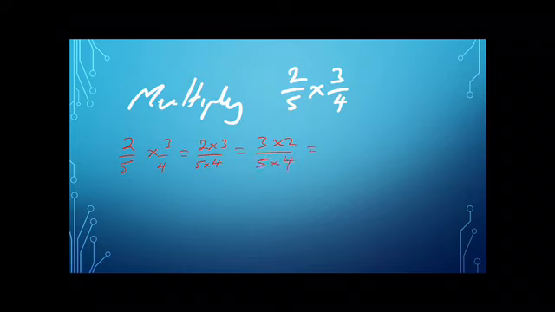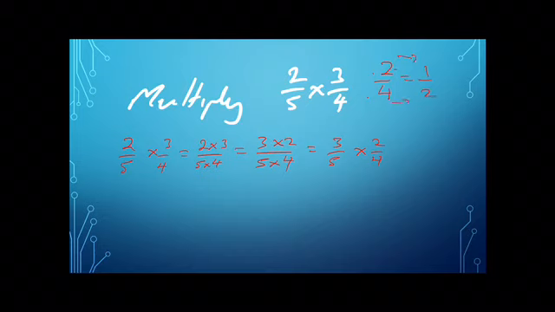And separating the fractions so they look like a multiplication of fractions, we get that. But you will notice that 2/4 is equivalent to 1/2. That's because 2 and 4 are both even numbers and we can divide by 2. 2 divided by 2 gives us 1 and 4 divided by 2 gives us 2. So we can actually write this as 3/5 times 1/2.